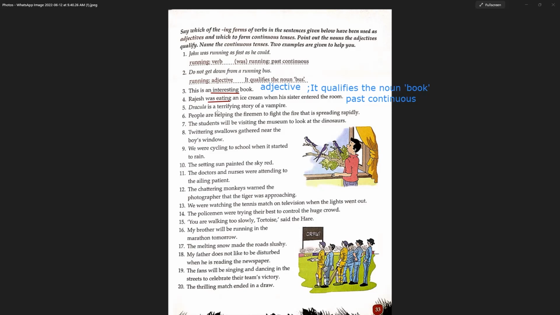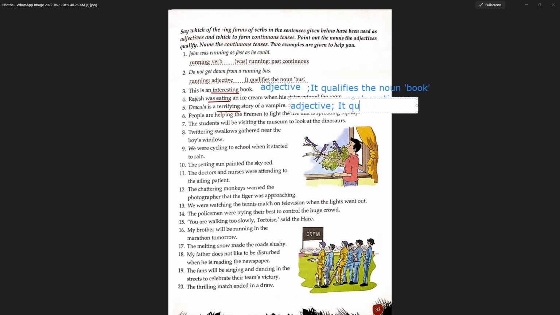And Vinuka, what is terrifying there? Is it continuous? Vinuka, what is that there? Vinuka, come on. Adjective. Exactly. It is an adjective, and you put a semicolon and write it.